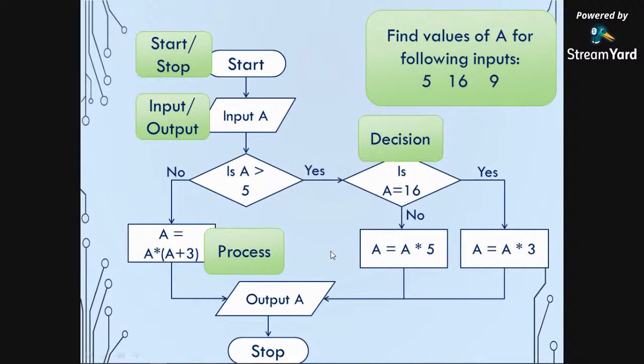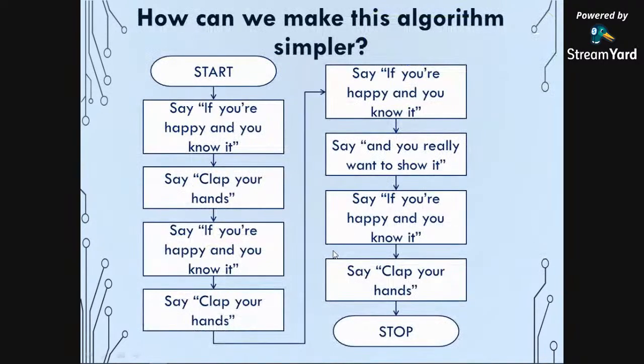Okay, so moving on. If we think back to this kind of idea, this is an algorithm. Again, it's lots and lots of processes. It tells us to say, if you're happy and you know it, clap your hands. And then it says again, if you're happy and you know it, clap your hands. And then, if you're happy and you know it, and you really want to show it, if you're happy and you know it, clap your hands.